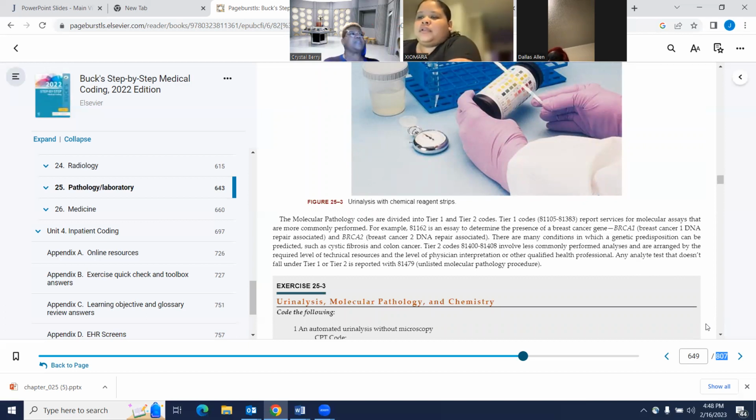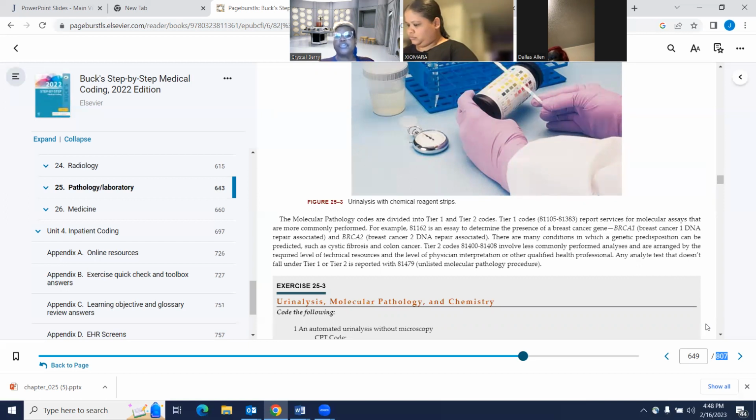Okay, number one. How many levels of surgical pathology are there? This is for your exam on Monday. Remember, this is being recorded, so you don't have to rush and try to write it down.